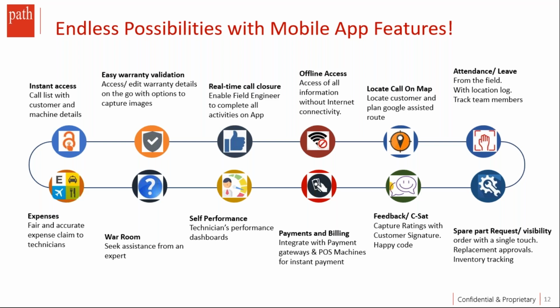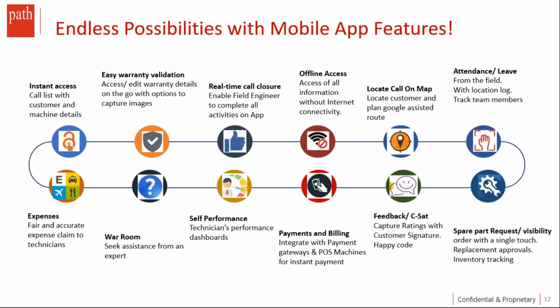But most applications also work with offline access, which is very important, especially for remote location technicians where you always have challenges with internet connectivity. Some applications give access to information even while you are offline. All the masters are sometimes downloaded onto the app, and you can access all the calls downloaded in the morning.